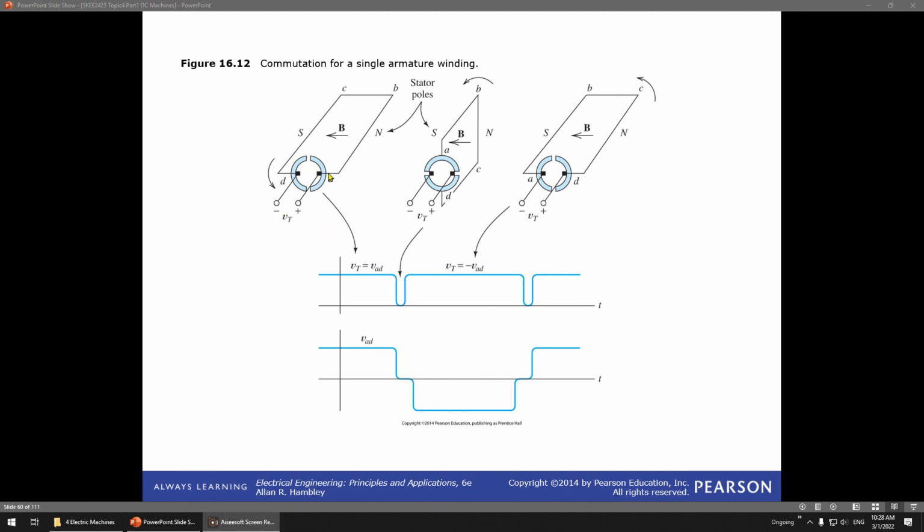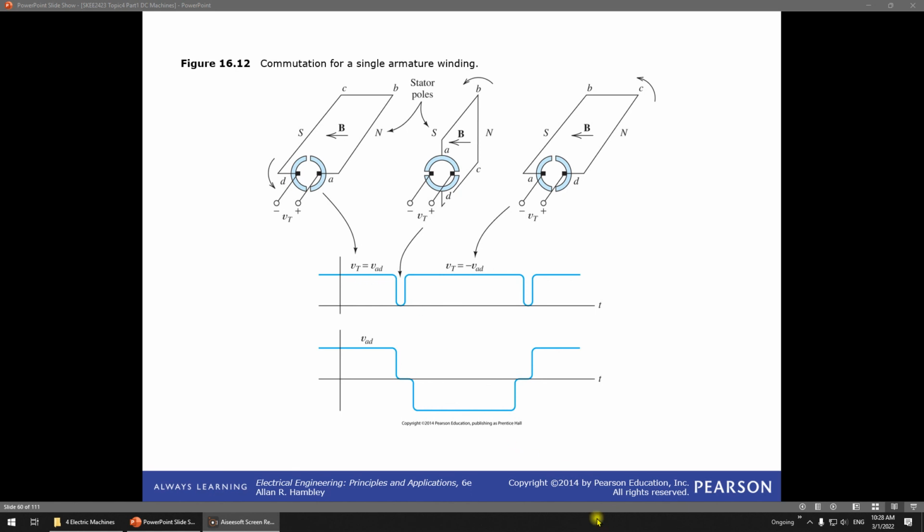So you can see here the magnetic field B from north to south. This ring is the commutator. This is positive, this is negative. When it is positive and negative, it moves here, and you can see VT is positive.